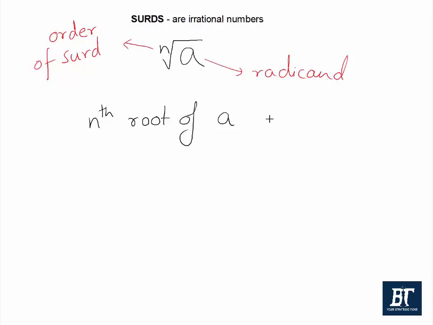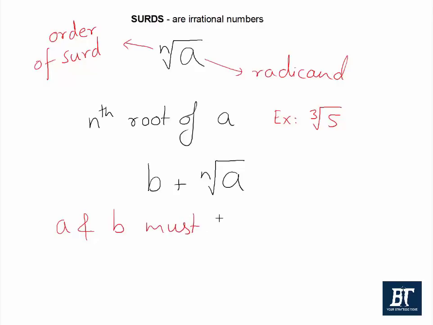Example, third root of 5. This is the first form of surd. Surds can also be of the form b plus nth root of a. Here note that a and b must be rational numbers.